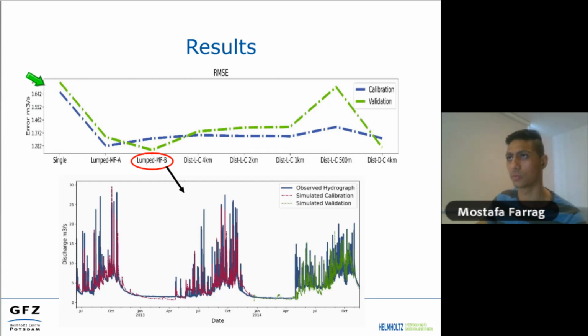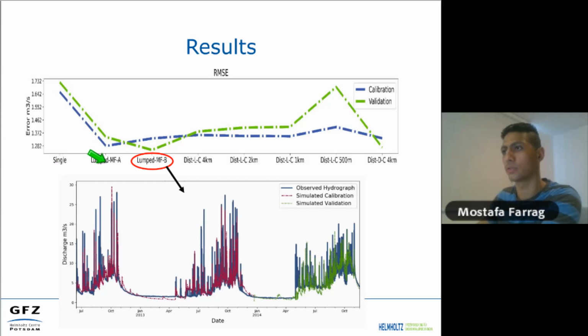The error here was very high, and it improves more when you go to the committee model, which uses this fuzzy committee model to improve the simulation of the hydrograph. So as you see here, the performance improved a lot, and all of these committee models have much better performance than using only one model.